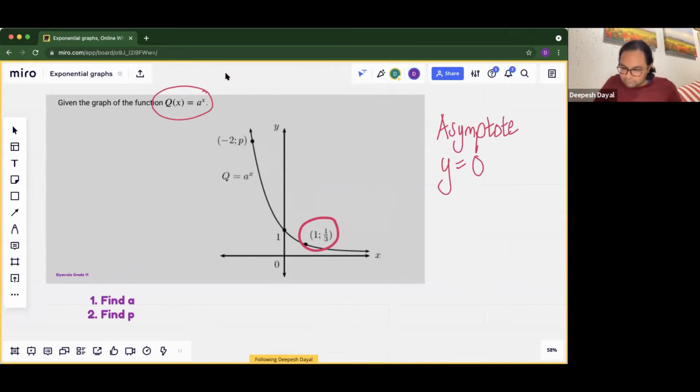So, finding equations. I think it will be best if I just erase this part, and let's write some steps here. Finding equations.